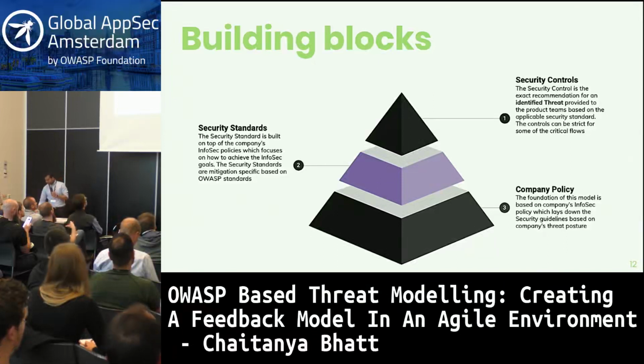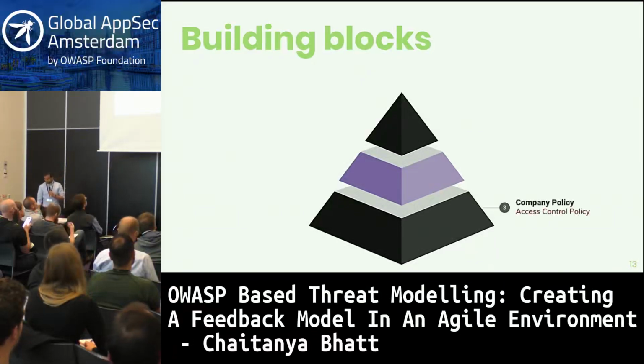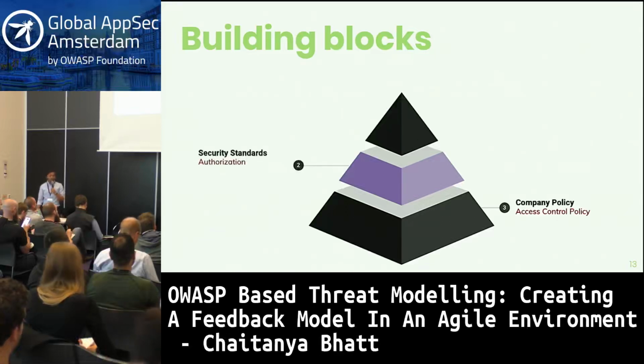To make this more simple, let's take an example. This is a very common policy that each organization has, which is an access control policy. So if you have an access control policy, in order to achieve that, let's say a team of security engineers come up with a standard called authorization. Straightforward, simple.